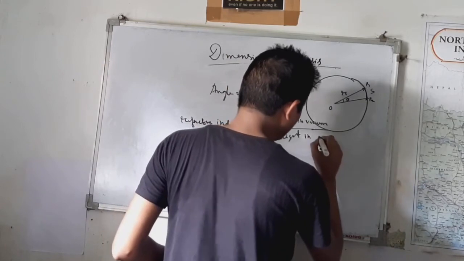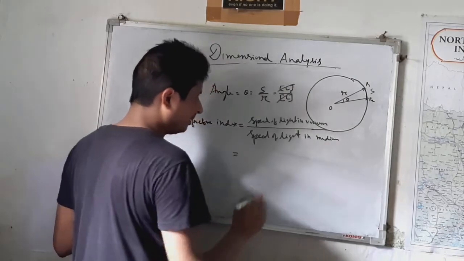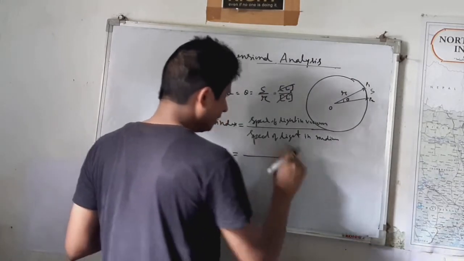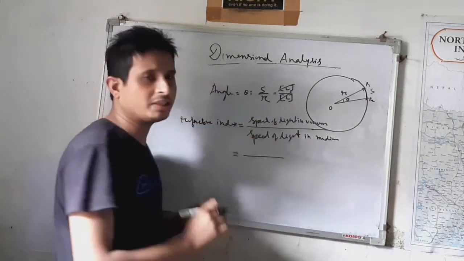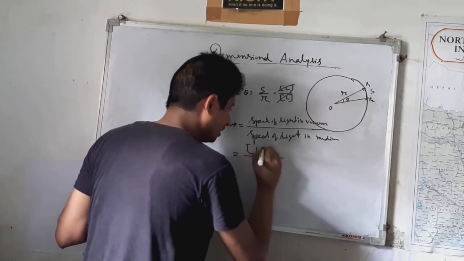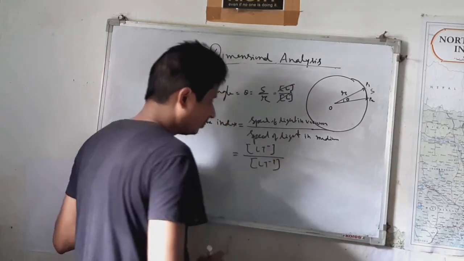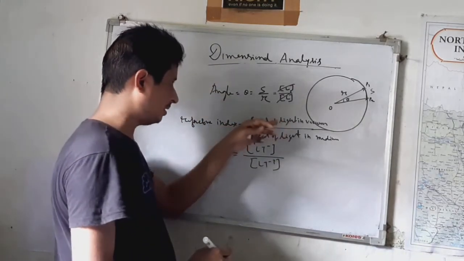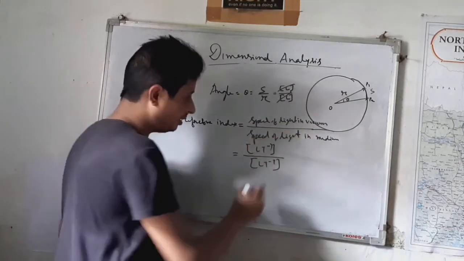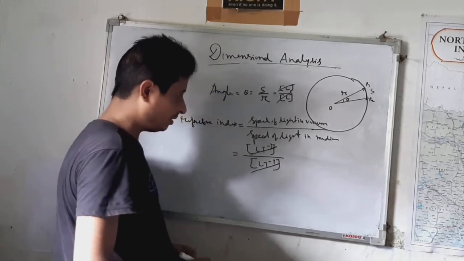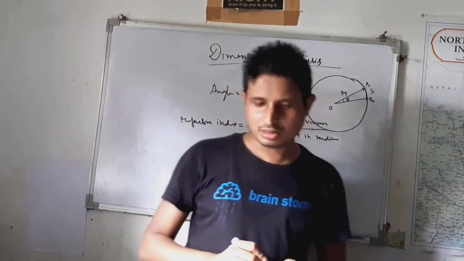Both physical quantities express speed. The dimension formula of speed is LT inverse. So the dimension of speed of light in vacuum is LT inverse, and the dimension of speed of light in medium is also LT inverse. So these two will cancel out. So refractive index is a dimensionless quantity.